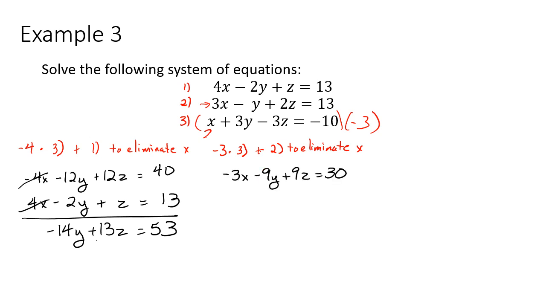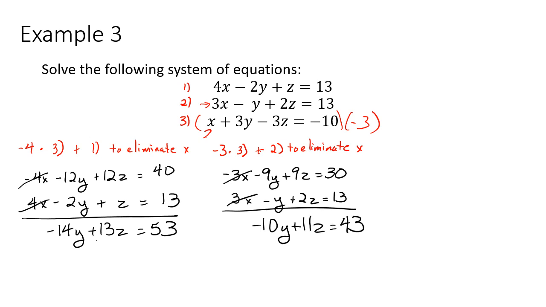And then I'm going to add that to the middle equation, which is 3x minus y plus 2z is equal to 13. The x's cancel, which again was the point, and we have negative 10y plus 11z is equal to 43.